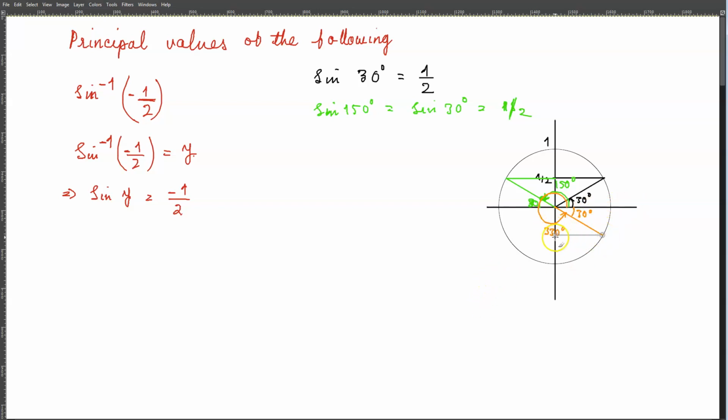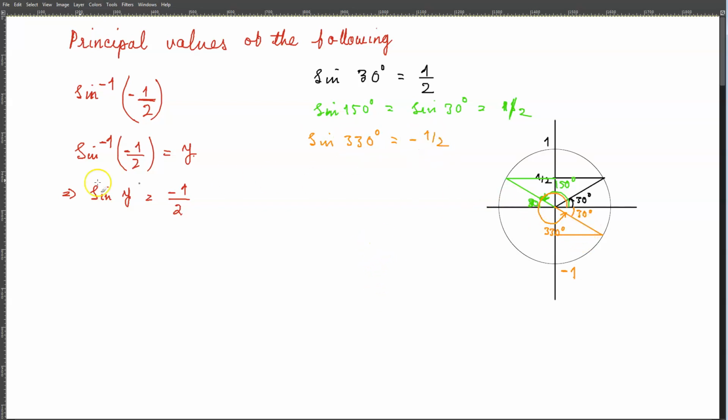And as a result the sine of the angle would be halfway between 0 and -1, so I can say that the sine of 330 degrees is equal to -1/2, right?